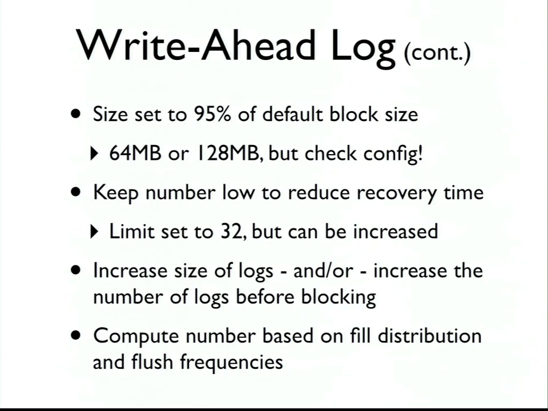I mentioned this, but you want to make sure that you do not get to that limit, so keep the number low to keep recovery time in check. There's this upper built-in limit of 32. It's actually a hidden configuration parameter, not in the default settings, but you can find it on the web. It's set to 32 and can cause issues, and I'll show you in a second why.